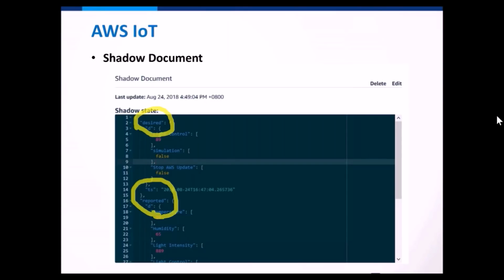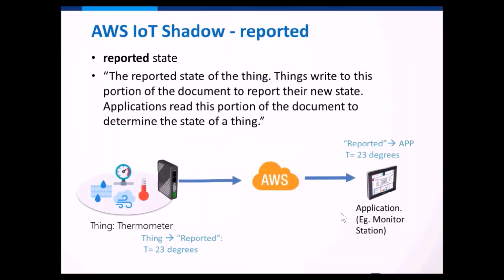So how are these different? Basically, for a shadow, there are two kinds of states, the reported states and the desired states. The reported state is where things write to report their new state.